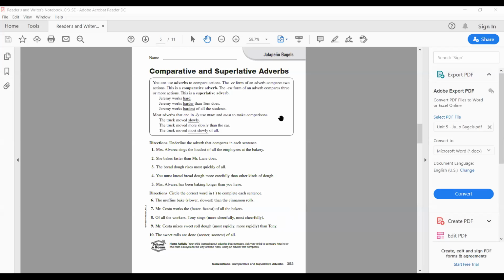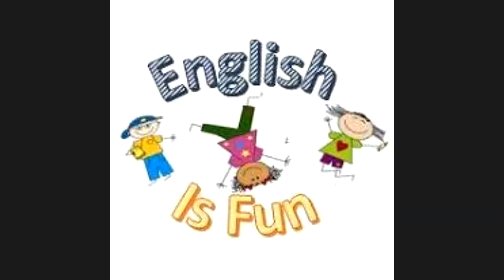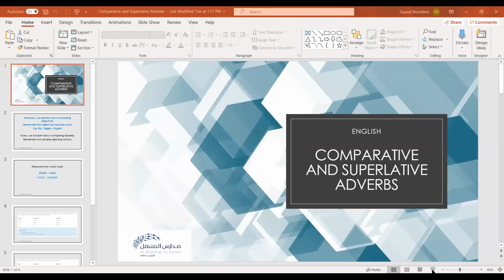I will take you through this in my next video, which is going to be all about revision and the activities. I'm going to do the activities for the grammar and then the activities for your vocabulary as well. So I'm going to minimize this, and then I'm going to bring up another screen for you, which is all about comparative and superlative adverbs.